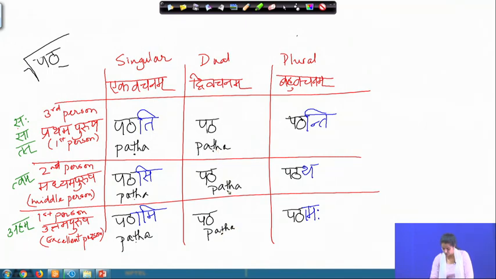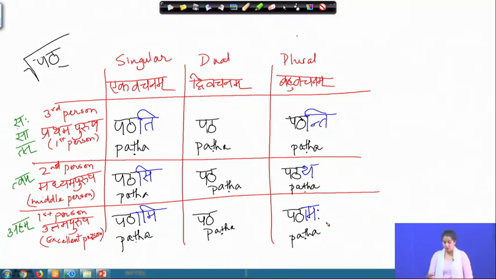Make sure that you put the dot below the T, because if you don't put the dot, then it becomes a different word, and we want patha. Okay, so patha, patha, patha. Oh, sorry, I'm saying patha and writing pat. So patha, patha, patha everywhere.